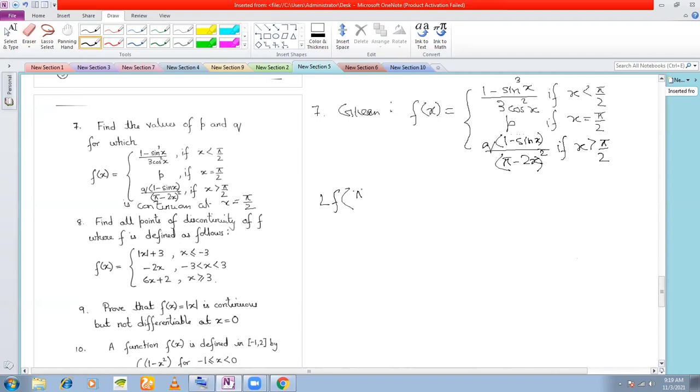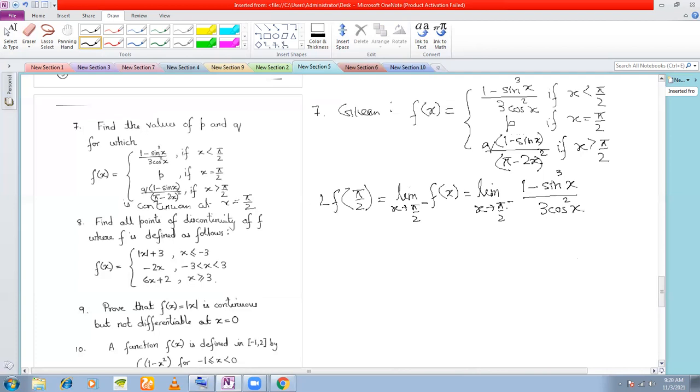L f pi by 2 is equal to limit x tends to pi by 2 minus fx is equal to limit x tends to pi by 2 minus, and what is the value of the function for values that are lesser than pi by 2? It is 1 minus sine cube x divided by 3 cos square x.